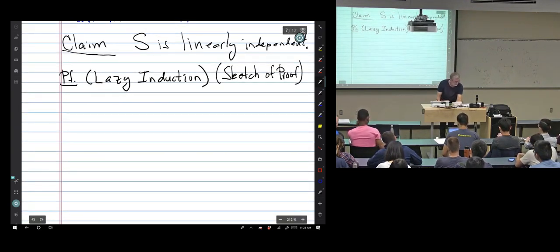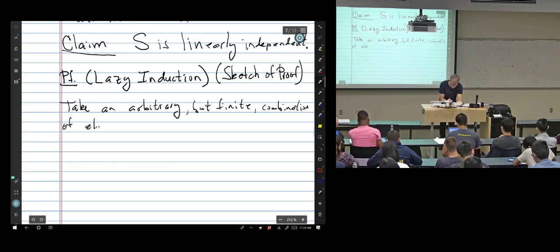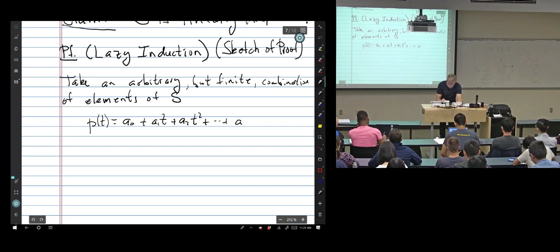Okay, so let's take an arbitrary, but finite, linear combination of elements of S. I will define that to be a polynomial P of t, and for reasons that don't surprise you at all, I'm going to write it like this, okay?